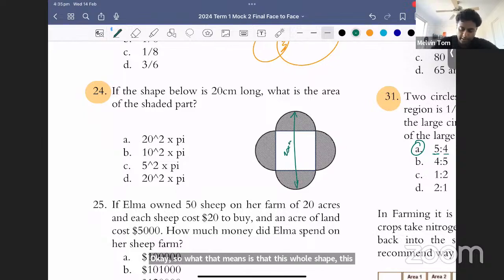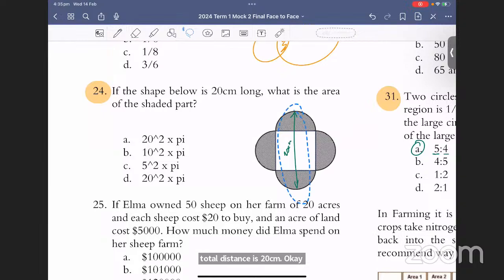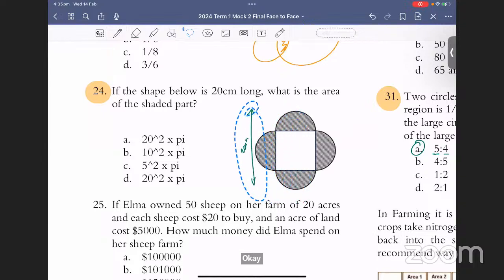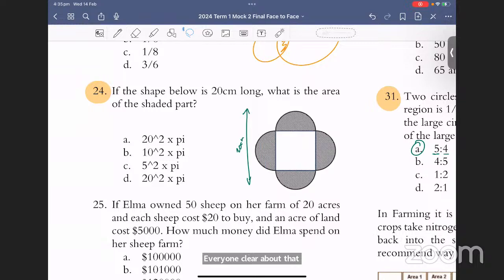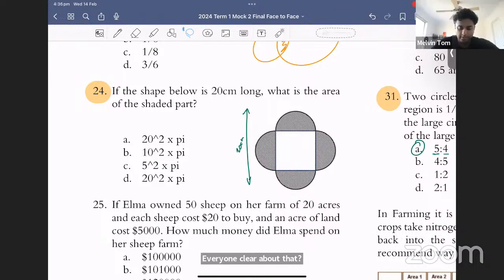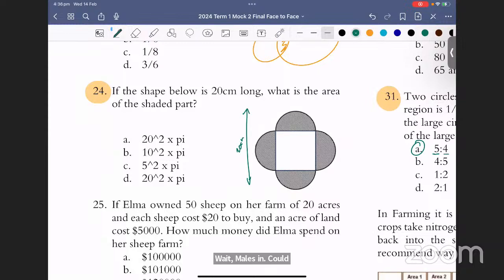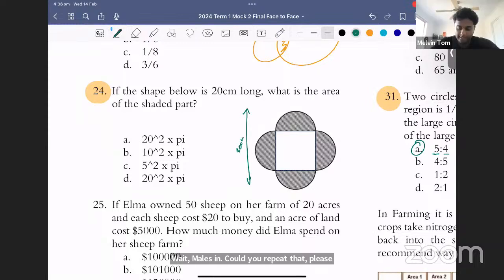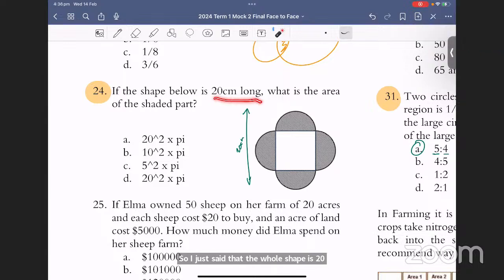Everyone clear about that? Yep. Awesome. Melvin, could you repeat that, please? So I just said that the whole shape is 20 centimeters. That's all I said.